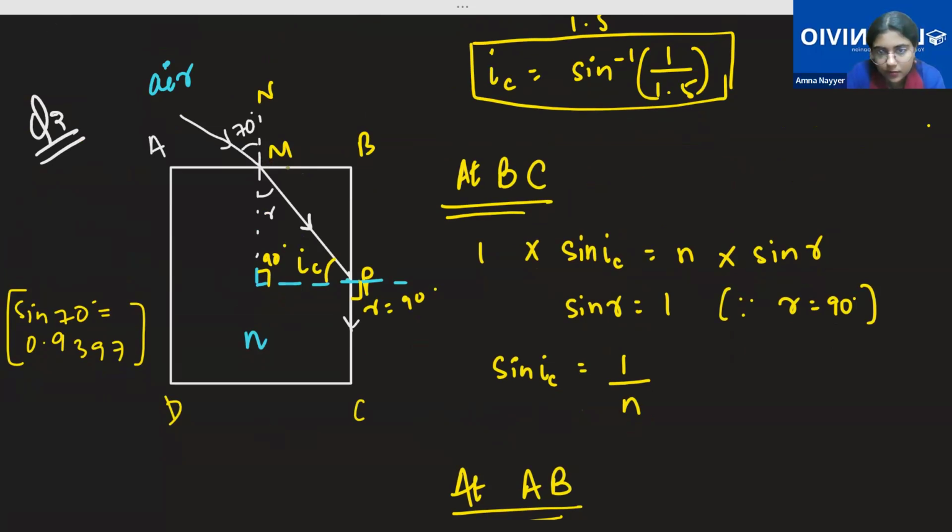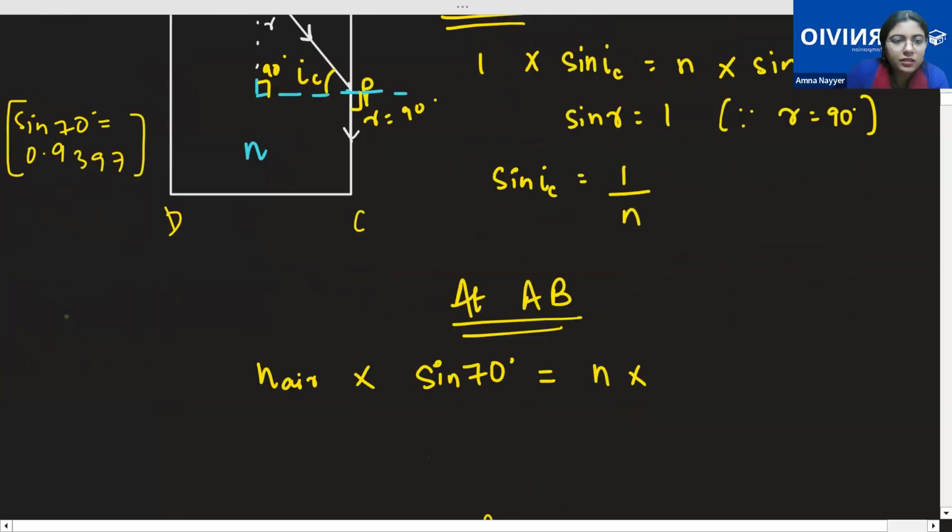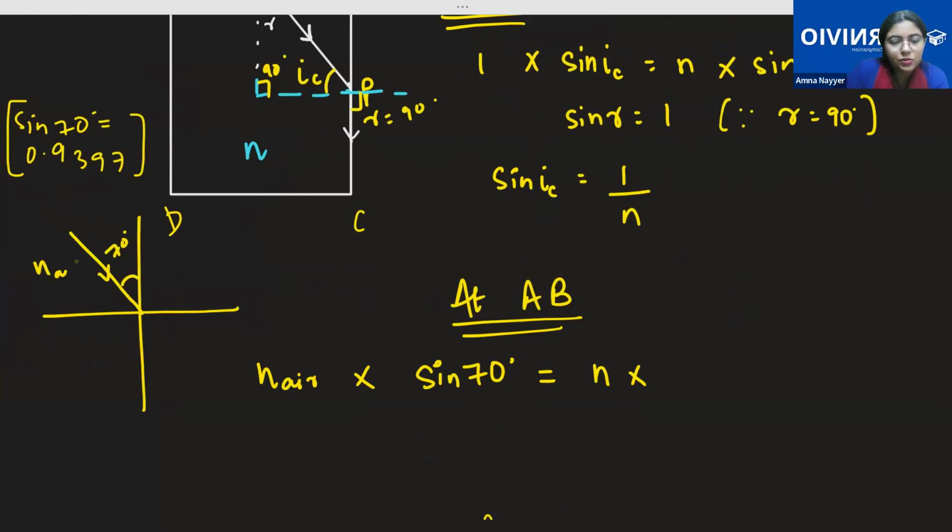N into sine... not IC. At the surface, why don't you all check at the surface? See, this is right, N will be there. Look here, this is the scene. This is the angle of incidence, 70 degrees, refractive index of air is used. It is getting refracted, angle R is present, N is there. N of air into sine 70 is equal to N into sine R. This is how you have to apply the law.